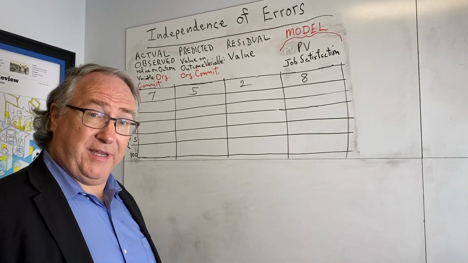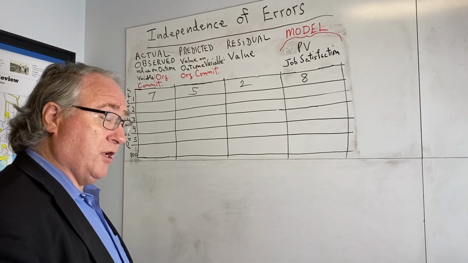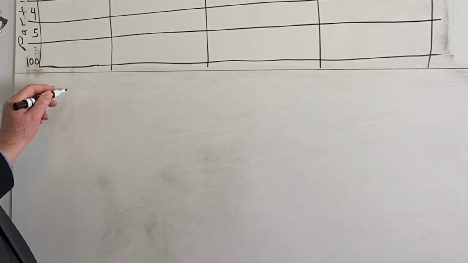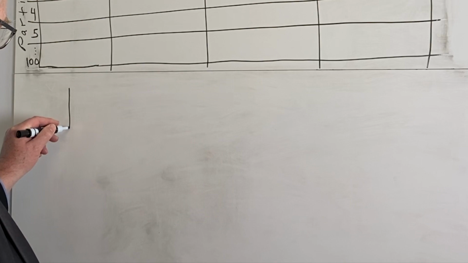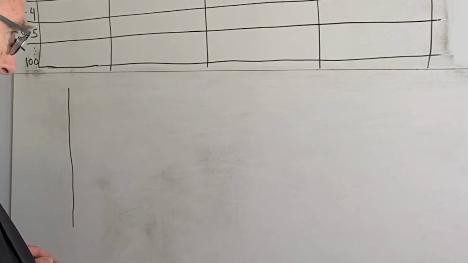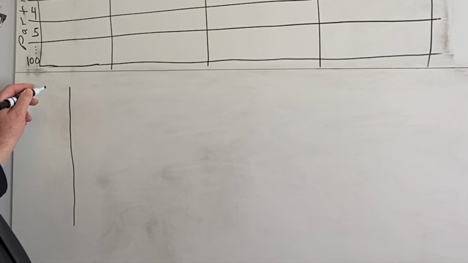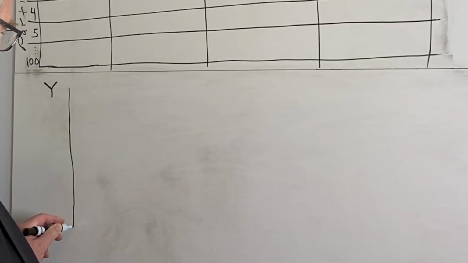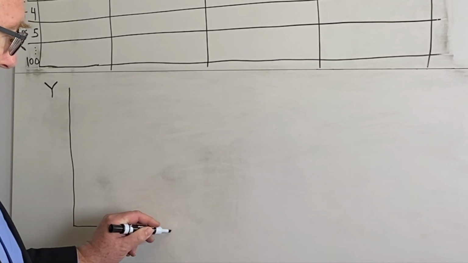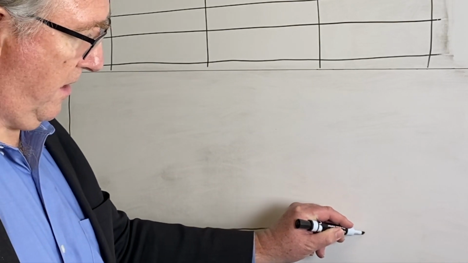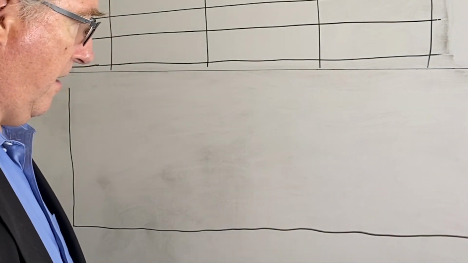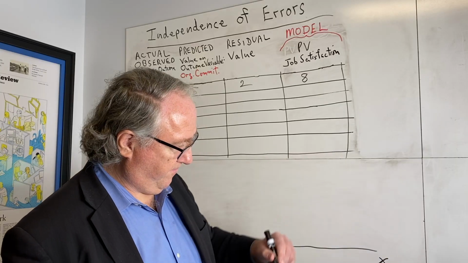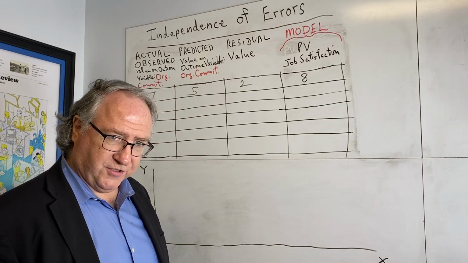To begin, I'm going to draw a graph for you. So here is our y-axis, our vertical axis, and then here is our x-axis, our horizontal axis.